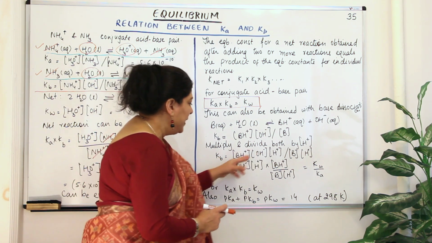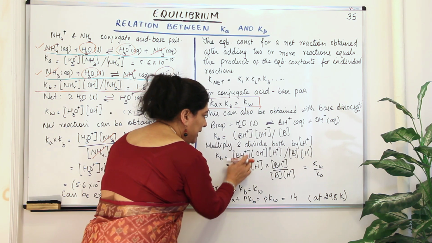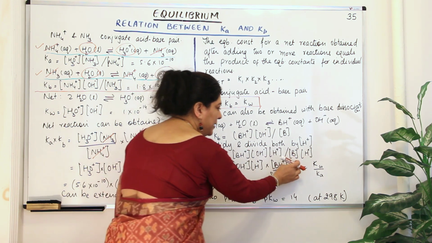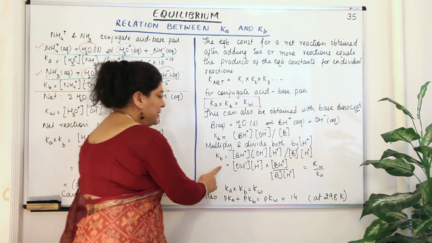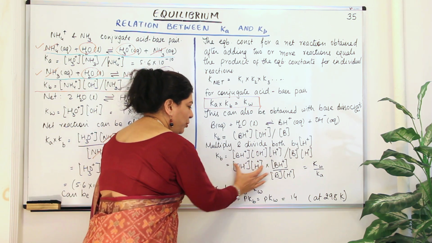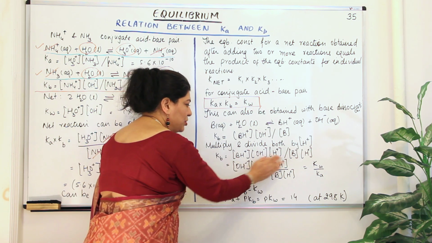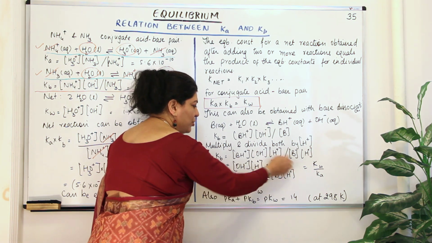Or if you rearrange this, OH negative and H positive can be brought together, and BH positive is divided by B and H positive. What we have done in this step is just rearrange these. We took the OH negative and H positive separately, and we took the BH positive and divided it on purpose. We brought all of these together.